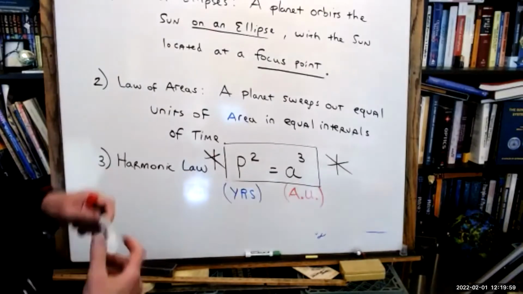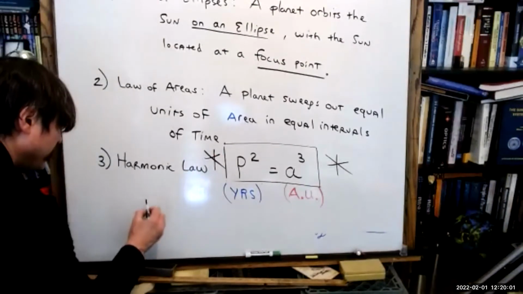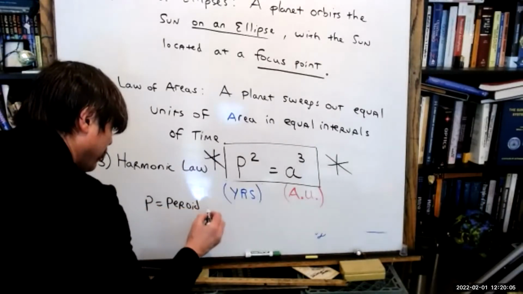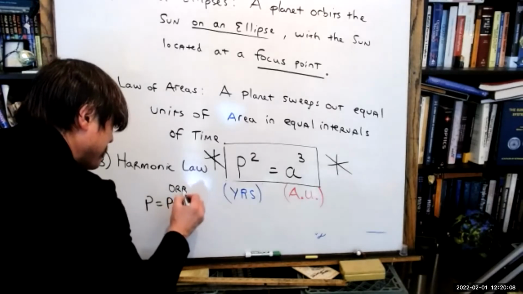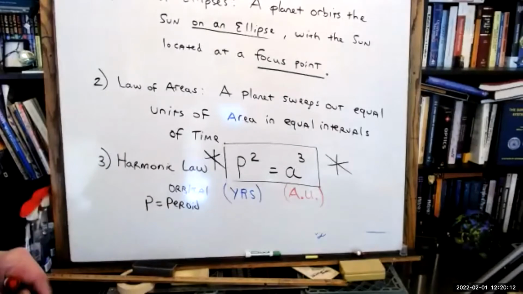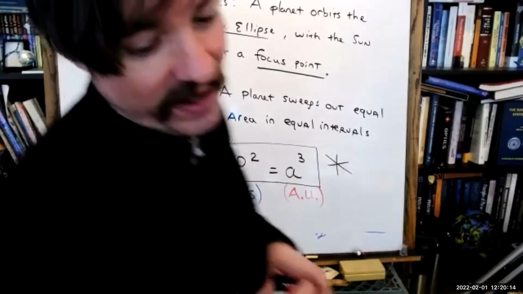Okay, obviously P is the period of the planet, the orbital period. The orbital sidereal period, if you're taking my 1010 class, Lionel.